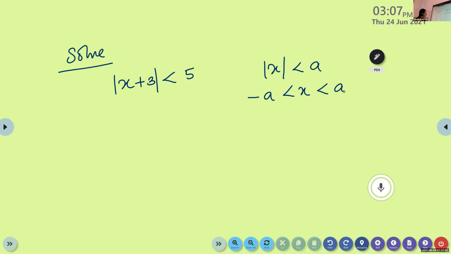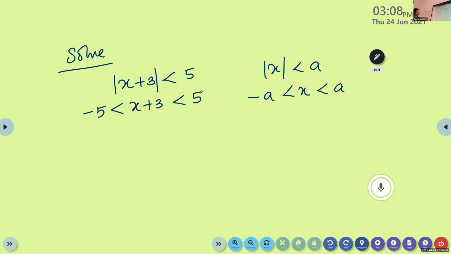How will you write the next step? Ma'am, minus 5 less than x plus 3 less than 5.